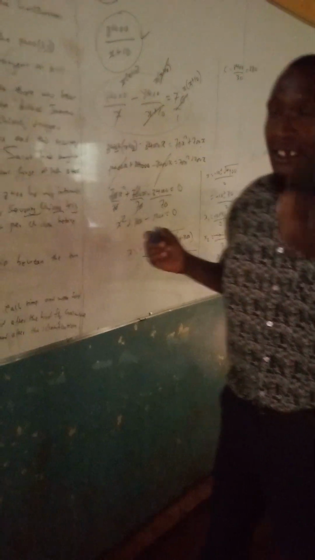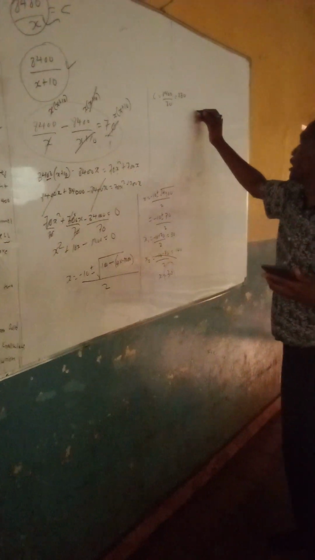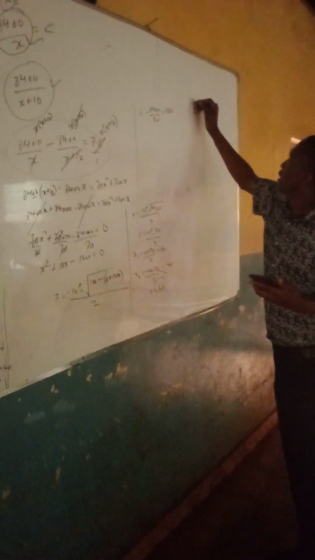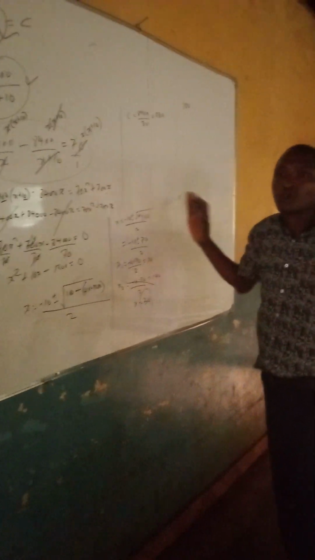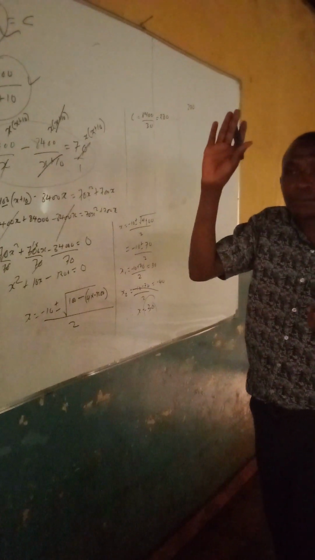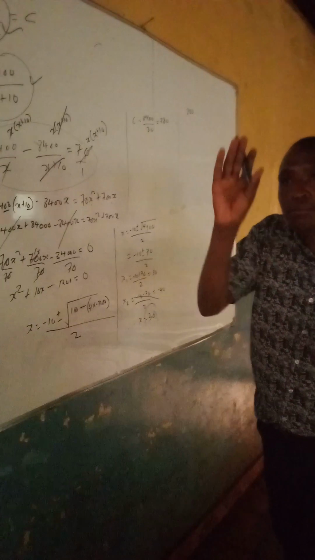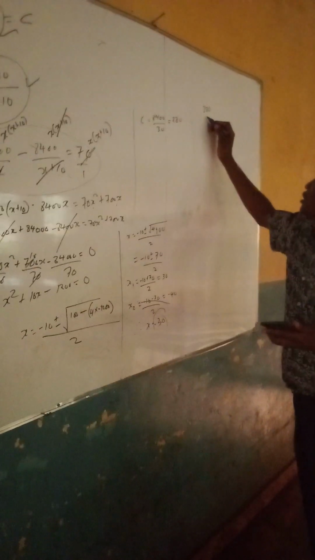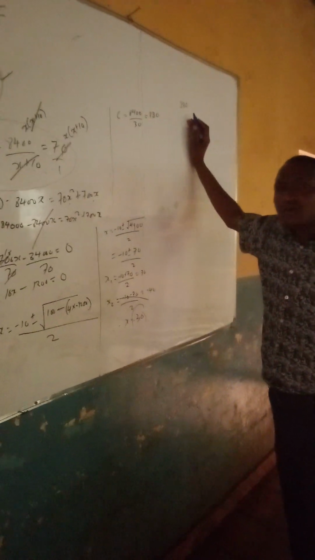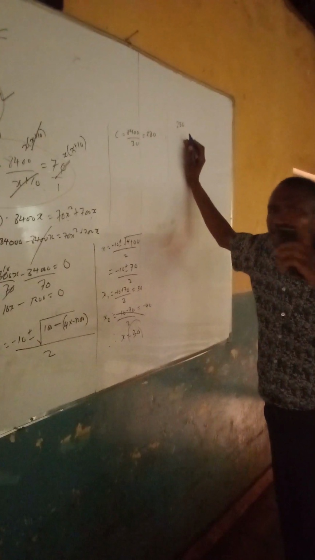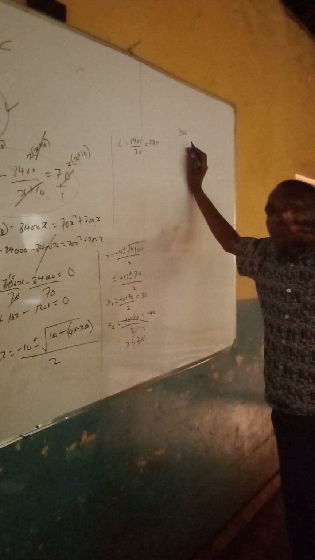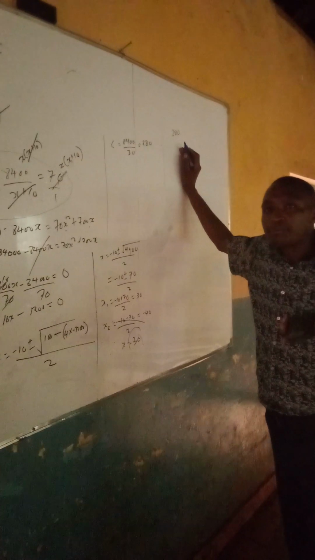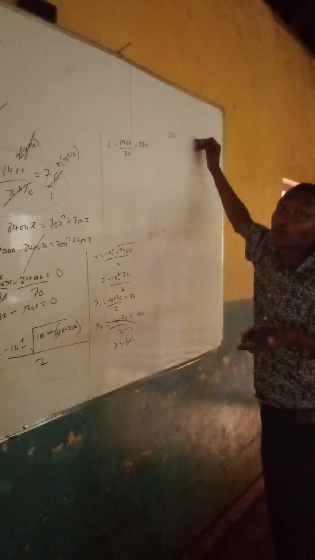So we can say we have been buying 280 chicks before there is bird flu. But when we realized there is bird flu, the price will go up by 10, meaning the new price will be 40 shillings.